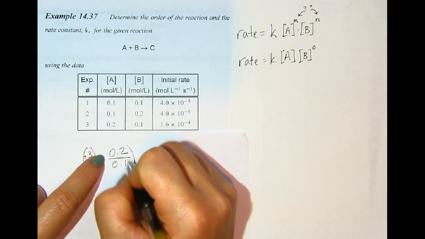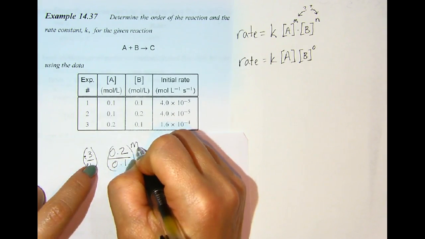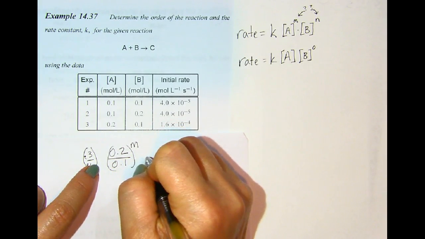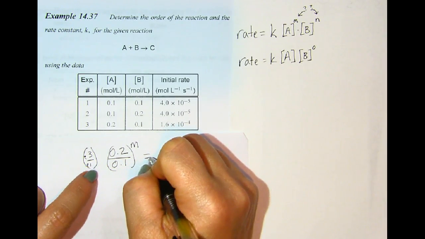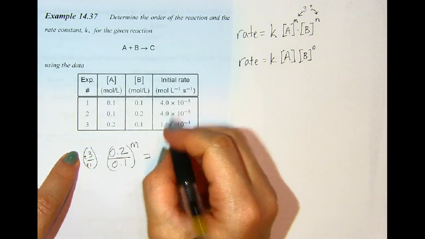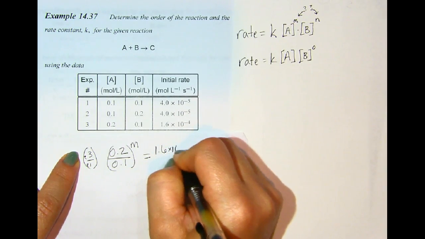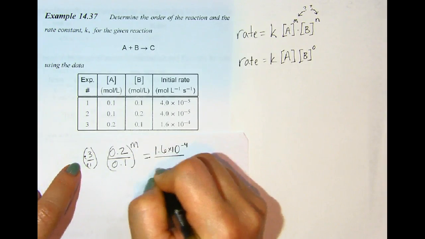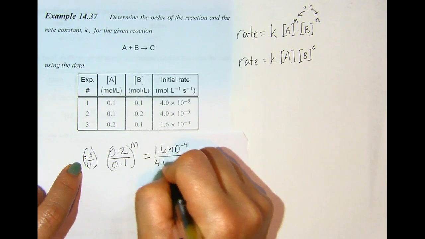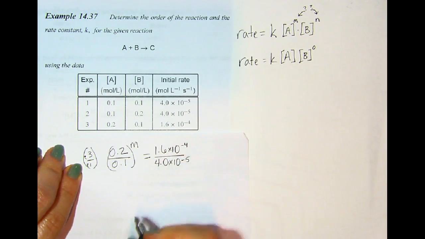And that is going to be raised to the mth power, the order that we don't know for A, equal to the rate in experiment 3, 1.6 times 10 to the negative 4, divided by the rate in experiment 1, 4.0 times 10 to the negative 5.